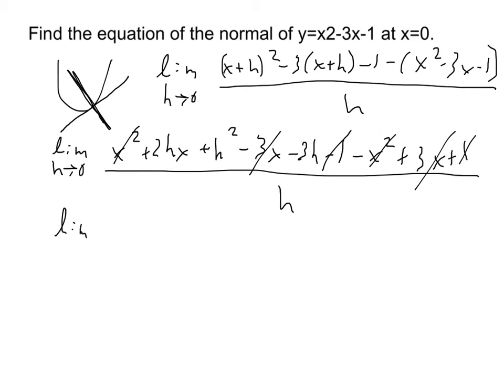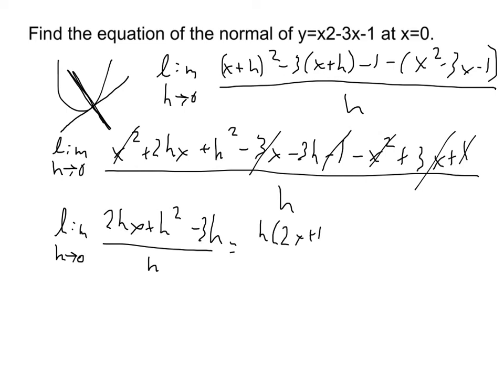So again, let's write that out. Limit as h goes to 0 of 2hx plus h squared minus 3h all over h, which if we factor an h out, h times 2x plus h minus 3 all over h.